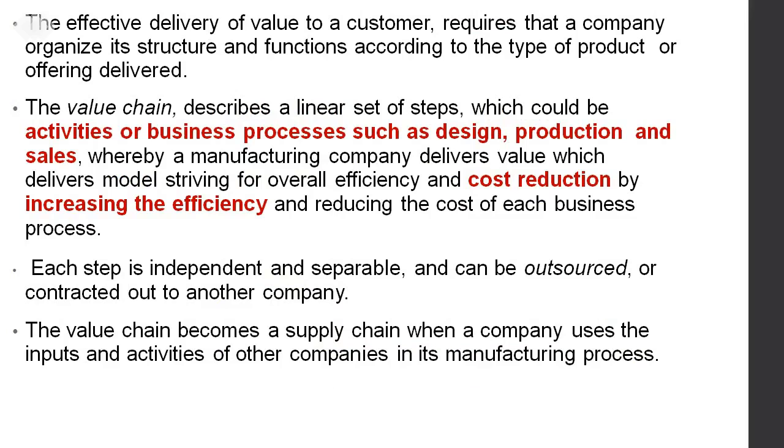After that we covered in our slide that the value chain describes a linear set of steps, which could be activities or business processes such as design, production, and sale. Also, they strengthen overall efficiency and reduce cost by increasing the efficiency and reducing the cost of each business, and they can also be outsourced or contracted out to other companies. So a value chain becomes a supply chain when a company uses the inputs and activities of other companies in the manufacturing process.